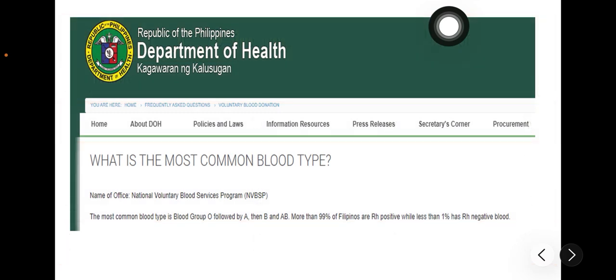According to the Department of Health here in the Philippines, the most common blood type is blood group O, followed by A, then B, and AB. More than 99% of Filipinos are Rh positive, while less than 1% have Rh negative blood.